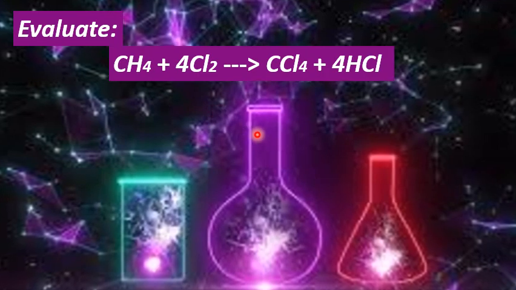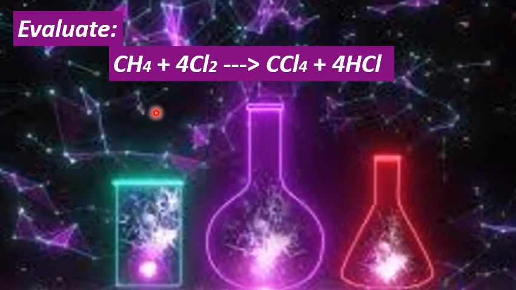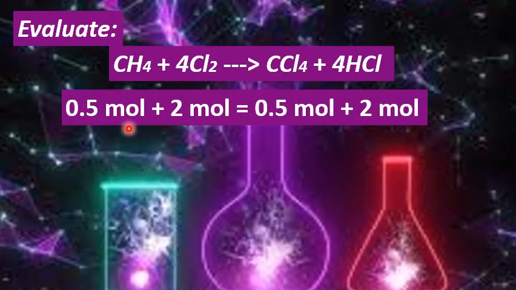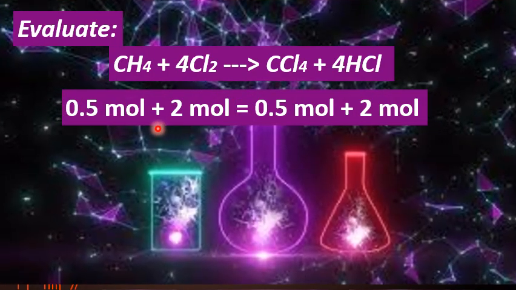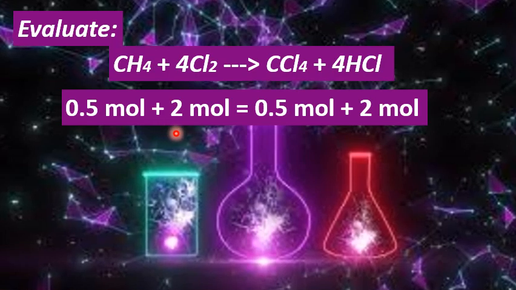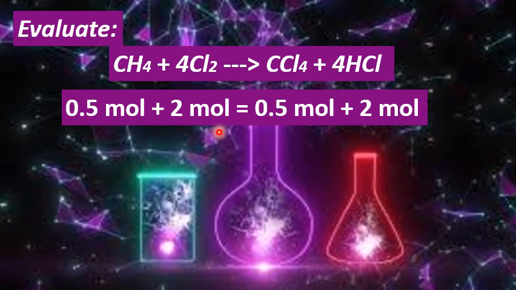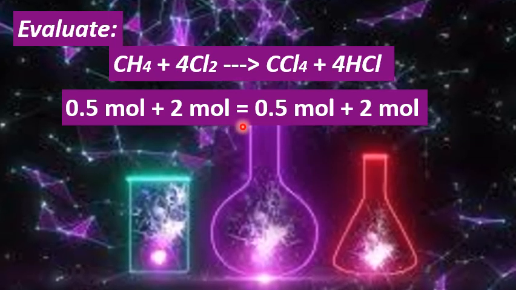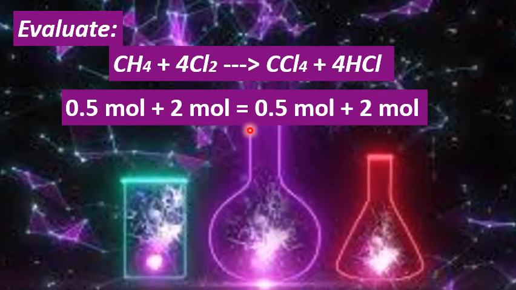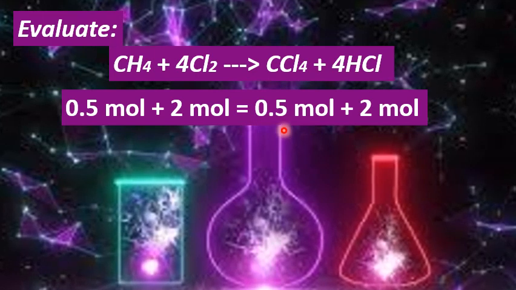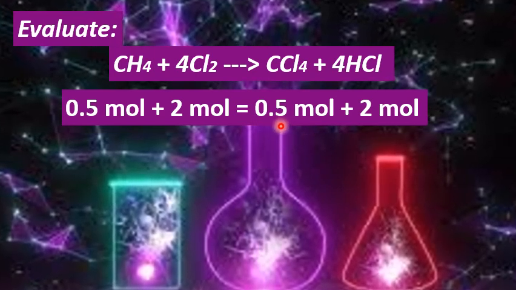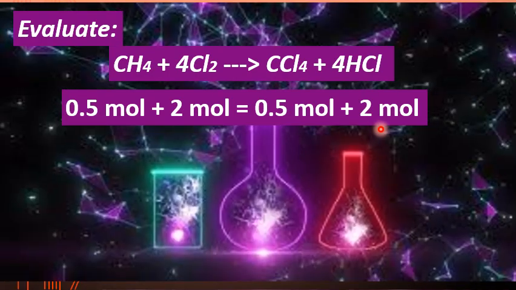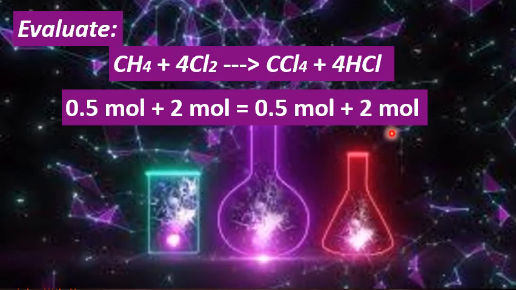So in the actual experiment, we see that 0.5 moles of methane was made to react with 2 moles of chlorine gas, and this reaction produces 0.5 moles of carbon tetrachloride and 2 moles of hydrochloric acid.